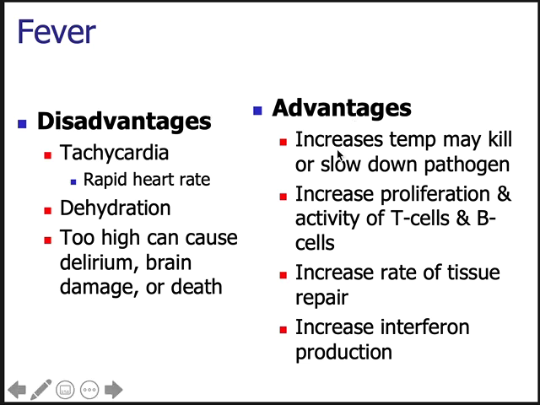So advantages: the increased temperature from the fever will help to kill, and if it doesn't kill the pathogen, it will at least slow it down, so that you're slowing down this infection. And then in the meanwhile, you're increasing the activity of your immune system so it can get rid of that infection.